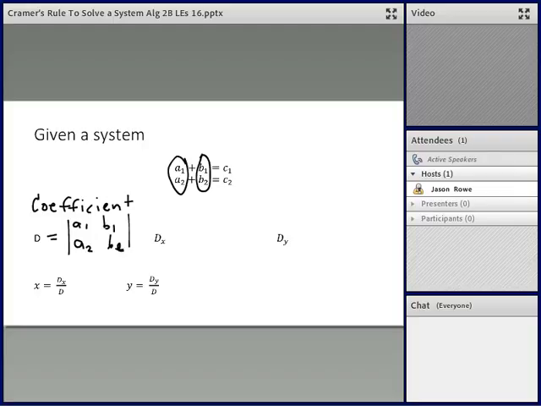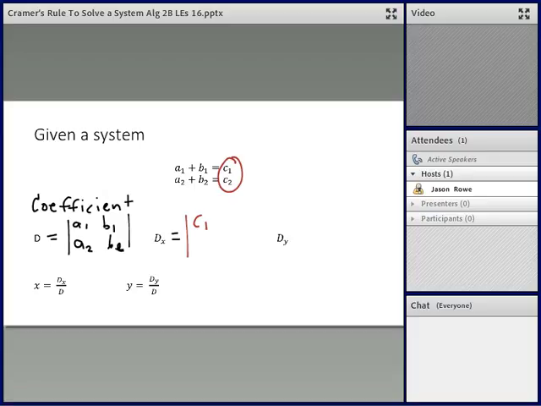The second one is the X matrix. That's why it's called D sub X. To get the D sub X matrix, we're going to take the C's and put them in the matrix first.